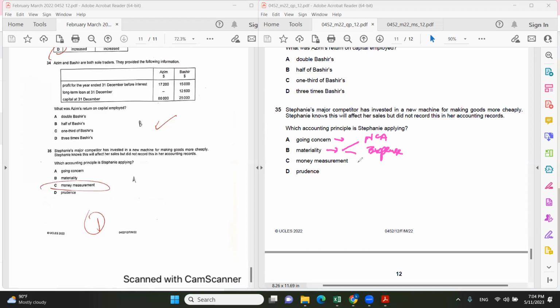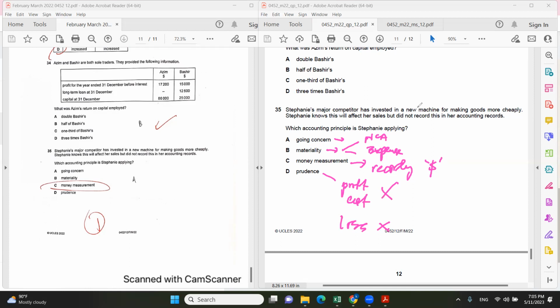Money measurement is talking about whatever we want to record: for the recording, we must have real money, a document or a value, in order for us to do the recording. We cannot simply do the recording. Prudence is talking about profit and assets not being overstated, and losses not being understated. That is prudence.